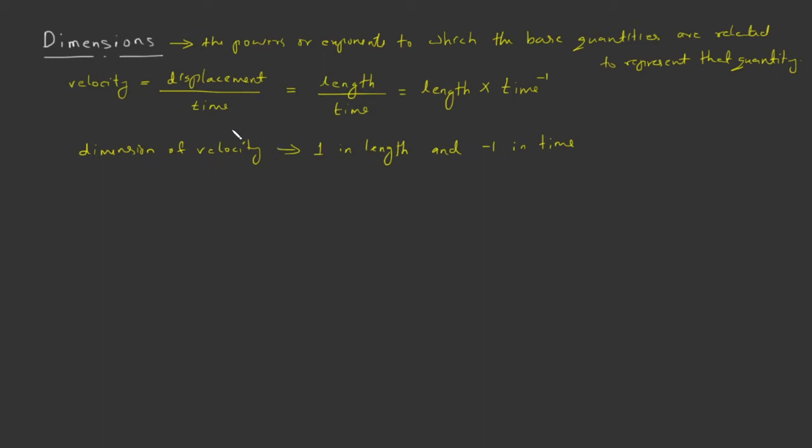What about the power of other base quantities for velocity? We know they are 0. So, what is the dimension of a physical quantity? It is the powers or exponents to which the base quantities are related to represent that quantity.